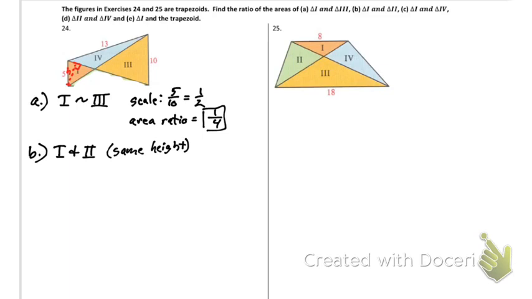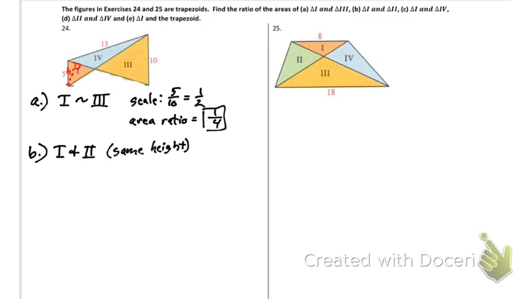We compared 1 to 3. What was the scale factor we came up with for 1 to 3? We came up with 1/2. That means every single side from 1 to 3 will have that same ratio. So this length to this length will preserve that same ratio.